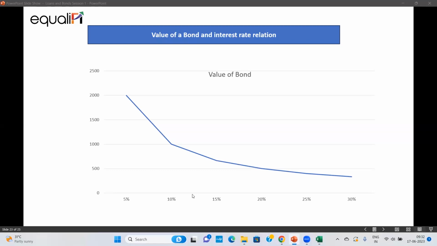Correct. Absolutely. I'll go for the interest rate that banks offer.